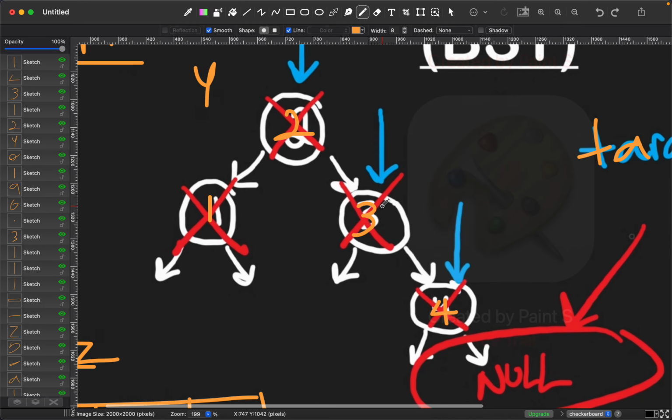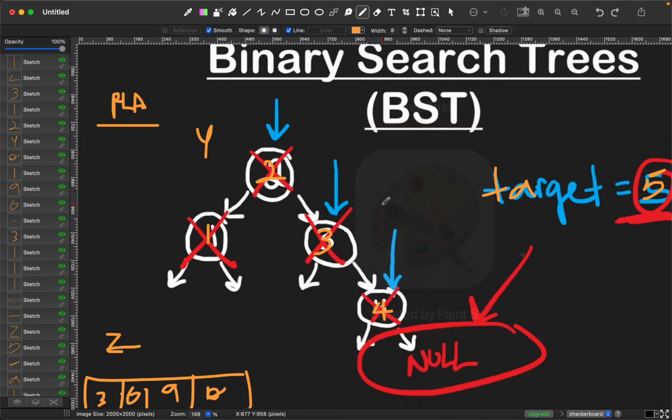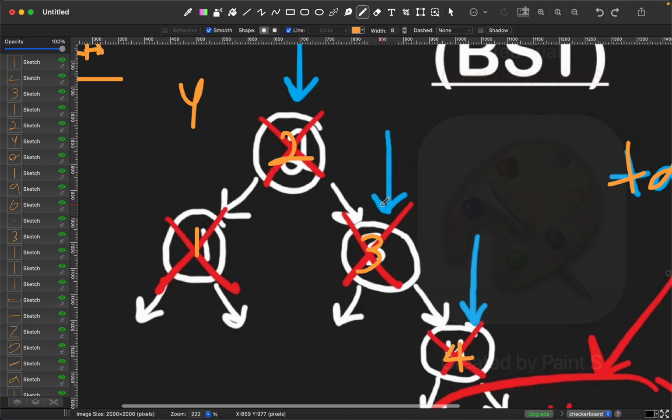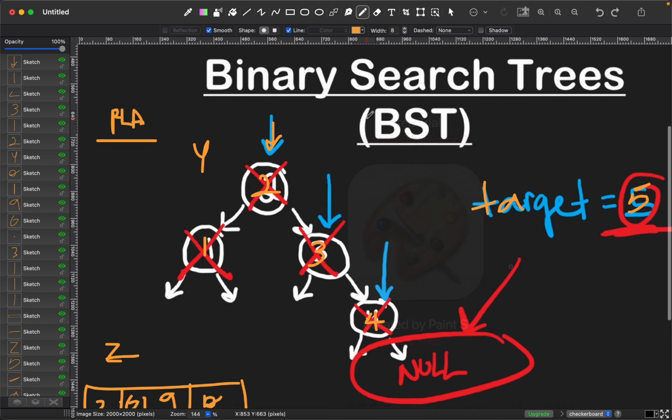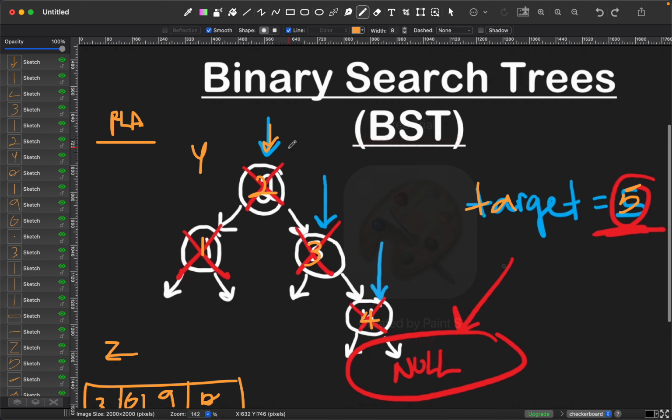What it's going to do is look at the first value, and if it's not the target, it asks whether to go right or left. The right side is increasing and the left side is decreasing, so obviously you go to the right side.